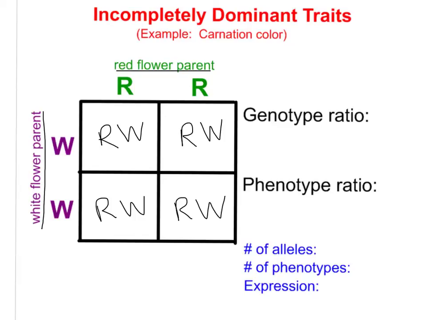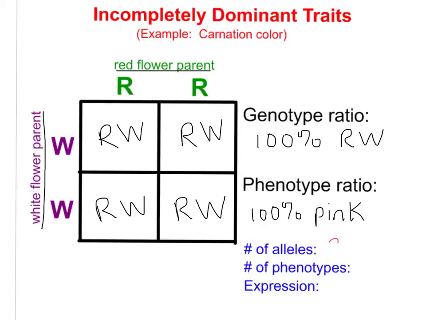And our genotype ratio is 100% red and white, and our phenotype ratio is 100% pink. So what is our number of alleles in this situation? We have two different alleles, either red or white, the R or the W allele.